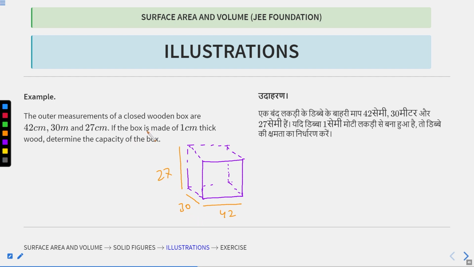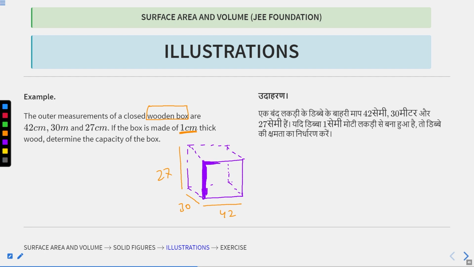Now, the box is made up of 1 centimeter thick wood. So the material I am using is wood, and this wood has a thickness of 1 centimeter. That means my box from the outside looks thick. So let me give the thickness for the box.